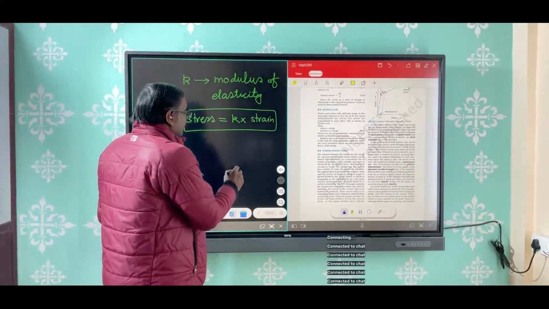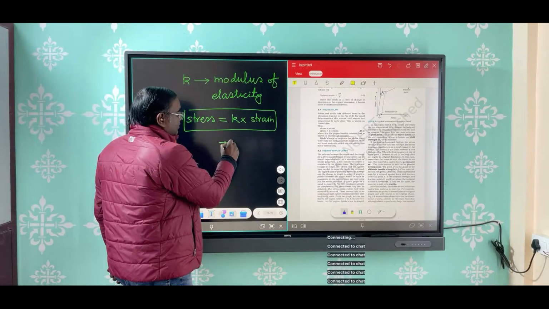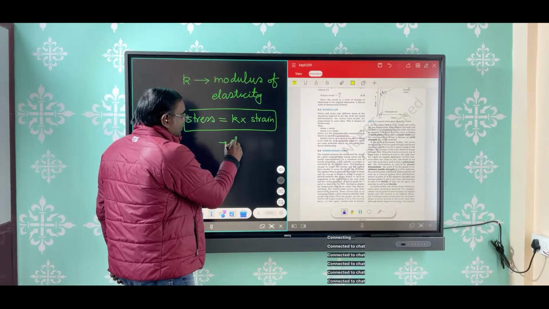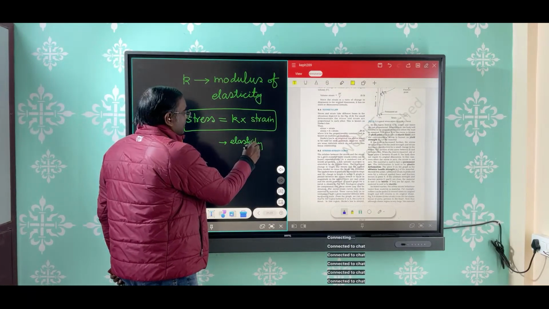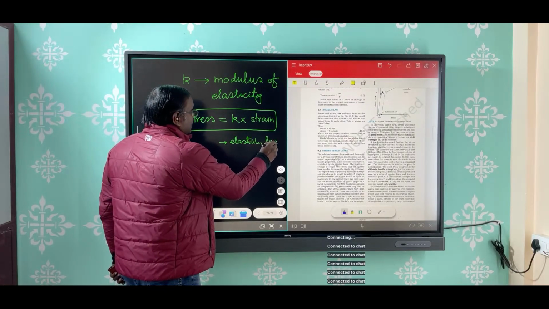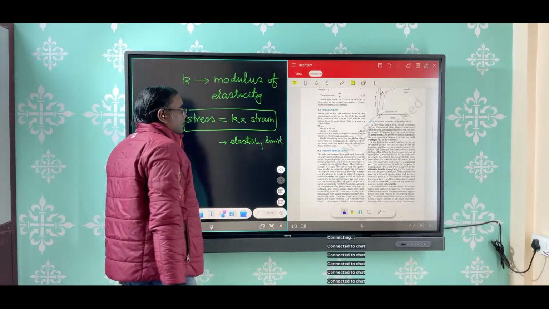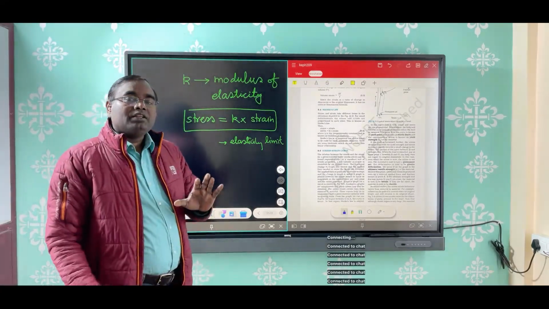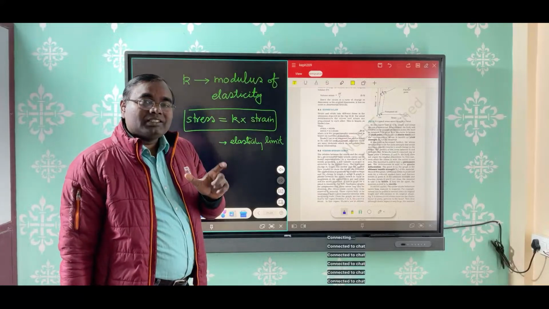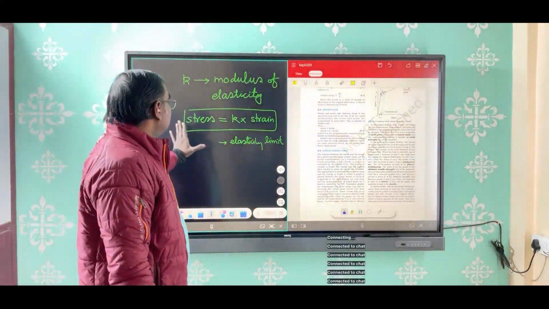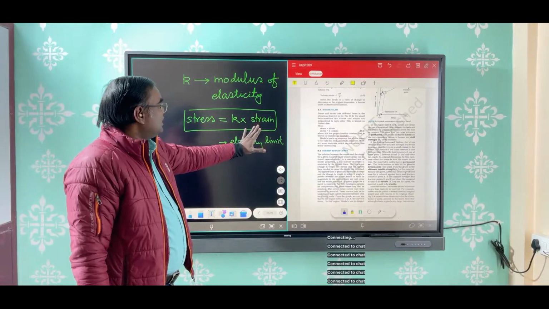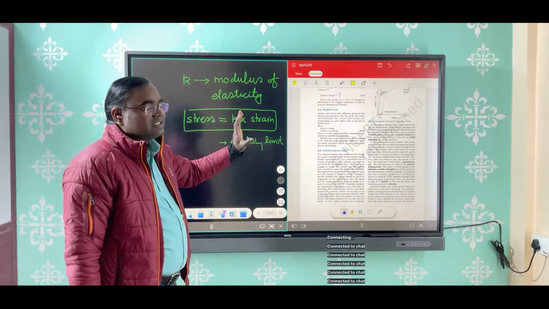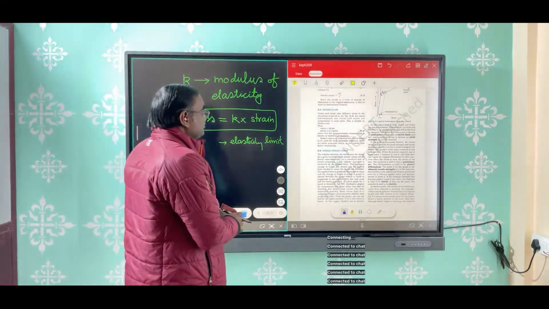Provided the condition is obeyed, that the elastic limit is respected. Until we are under the elastic limit, stress is directly proportional to strain, that is, the stress-strain relationship is linear here.